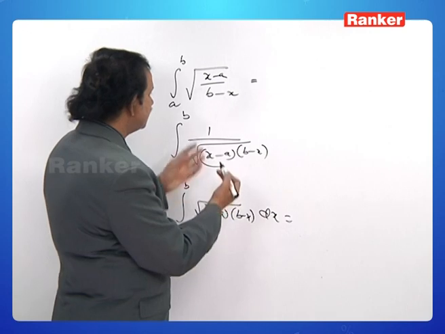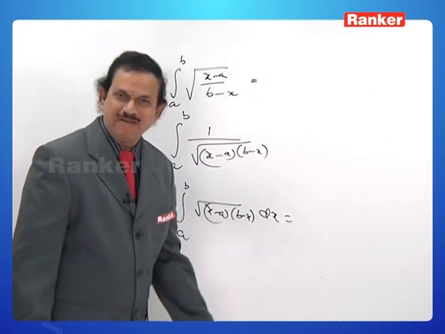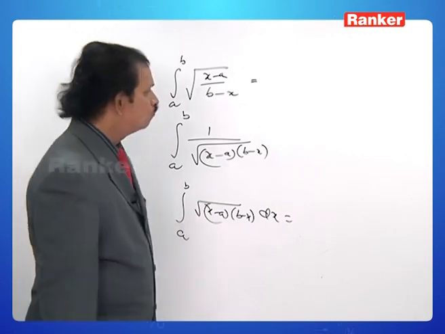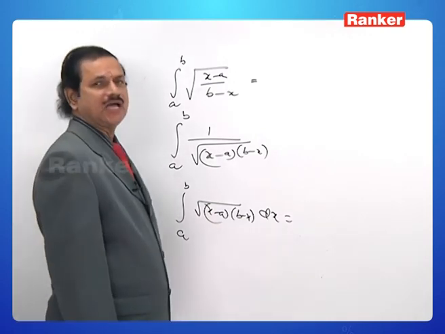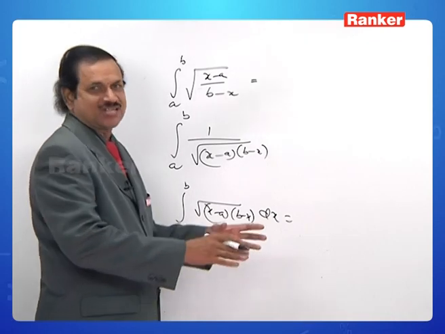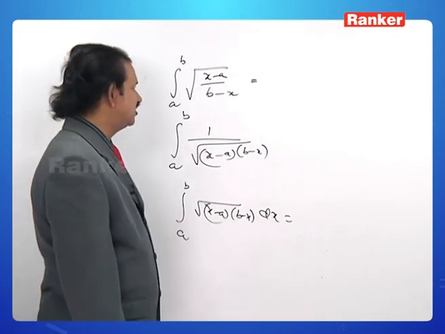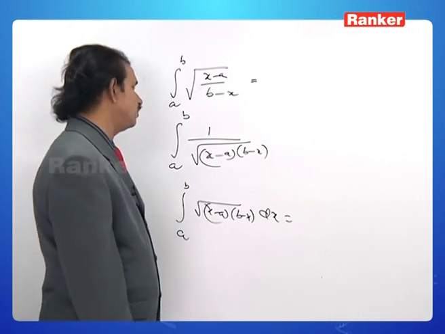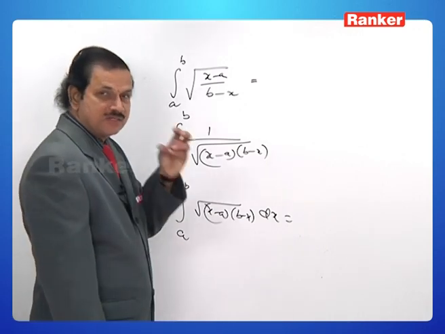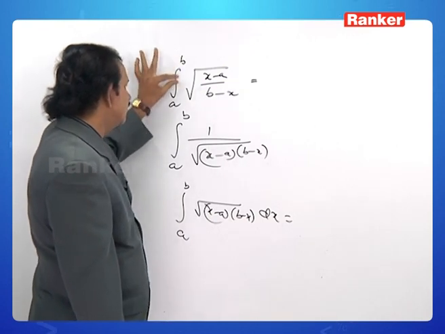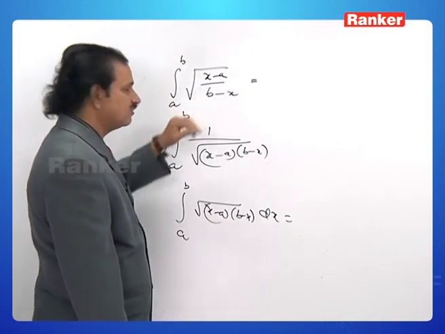Well, these three problems look alike. All these integrals have been constructed between a and b only, and the expressions involved in these are x minus a and b minus x. Please observe x lies between a and b, that is a less than x less than b. So x minus a is positive and b minus x is positive.